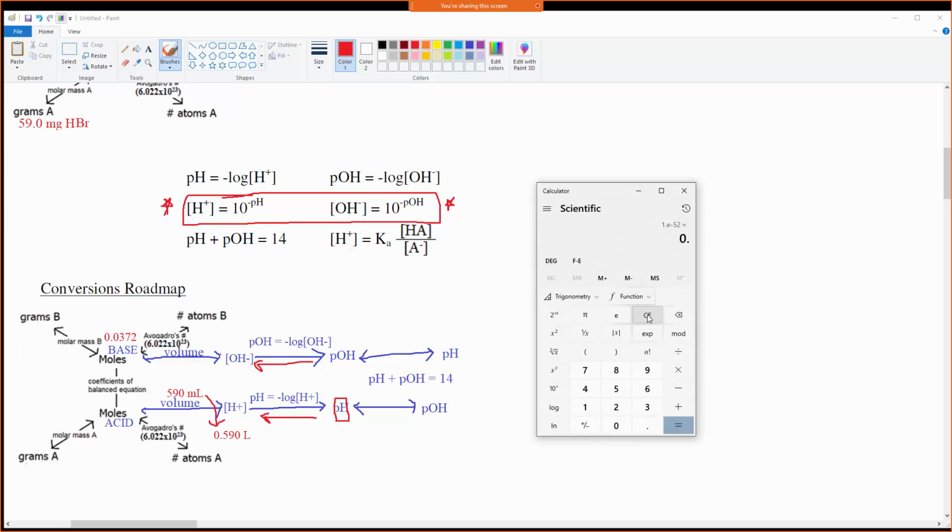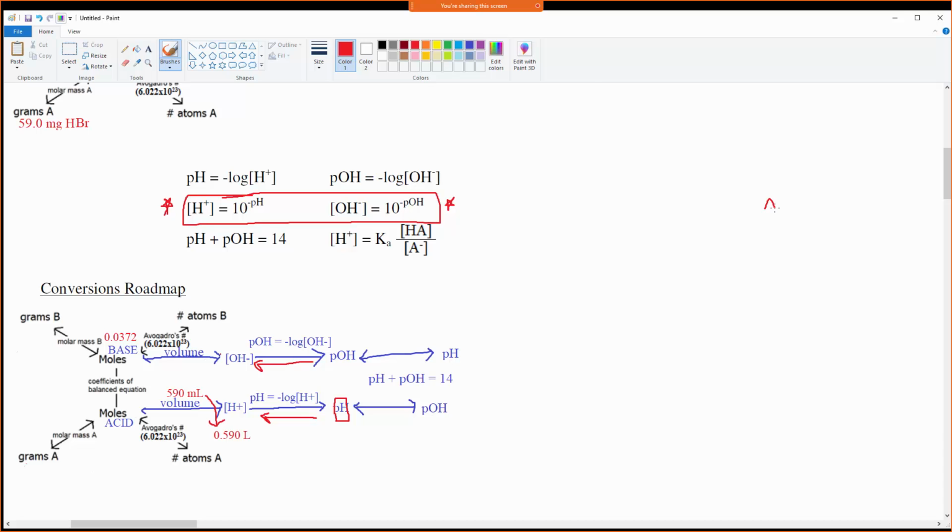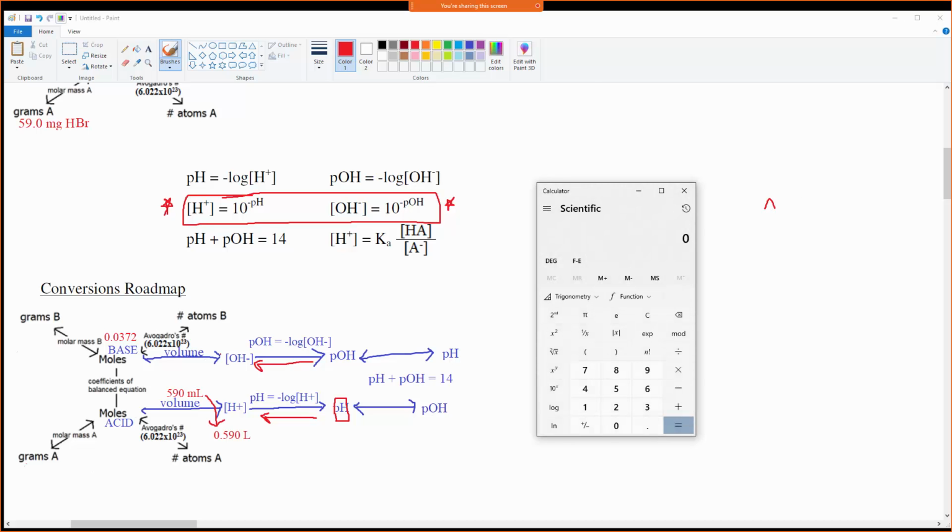Depending on your calculator, you're probably looking for a key that has an x to the y. You could say 10 is x, and then your y is your pH or your pOH, or you could use 10 to the x. That will let it be anything. Or you might use a little caret button. This one doesn't have it, but the little caret might work, okay?